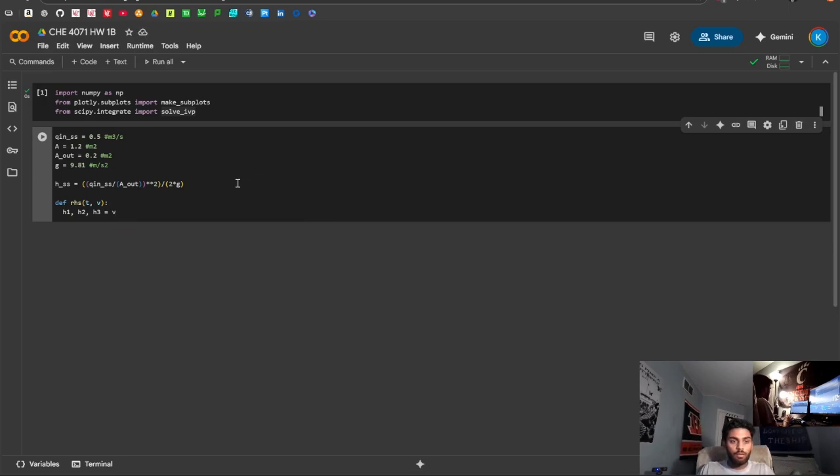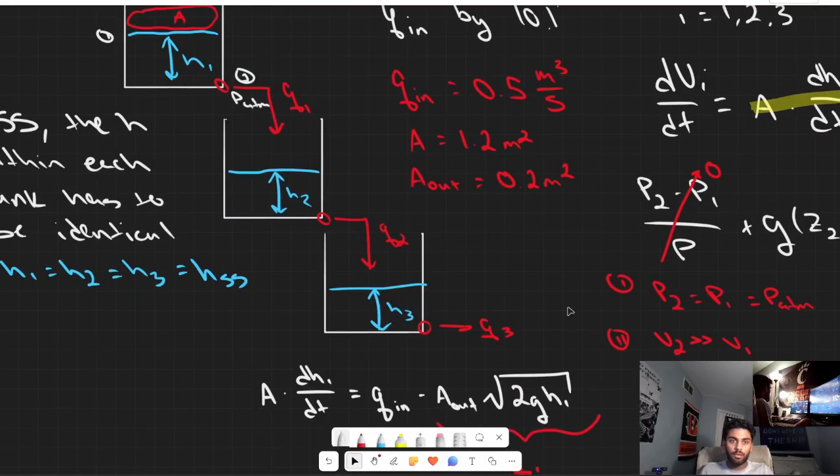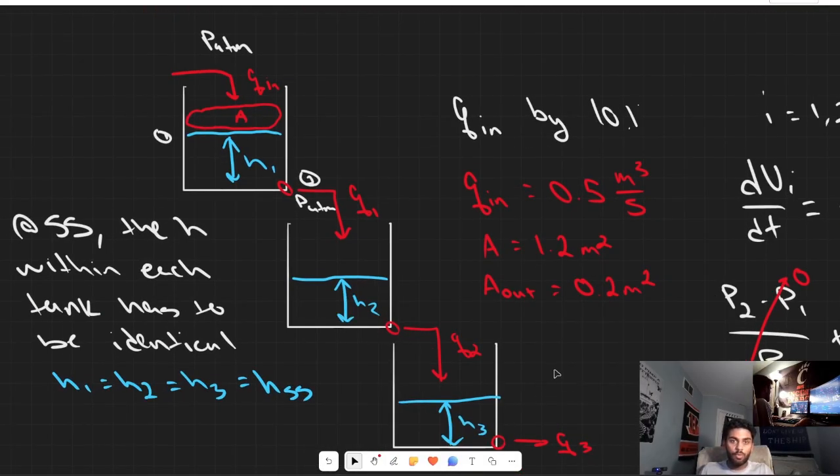Now, I also want to know the flow rates, Q2 and Q3. Well, initially we know that these 3 flow rates are exactly identical, because initially we are at t equals 0, we are at a steady state.